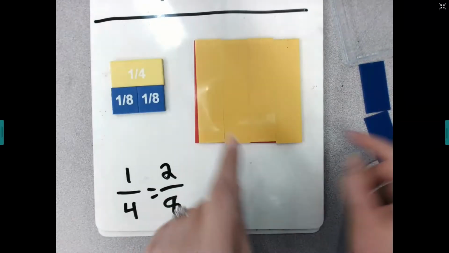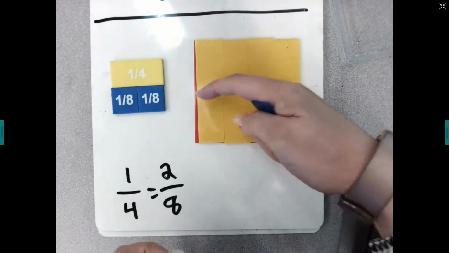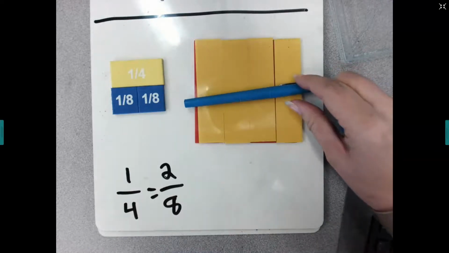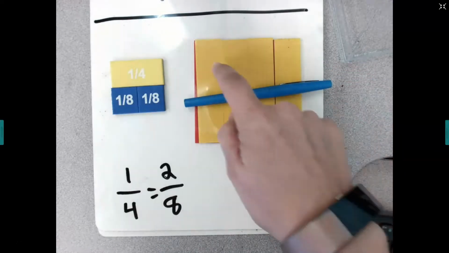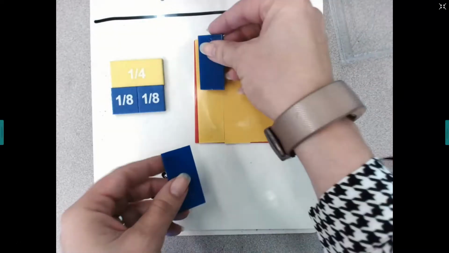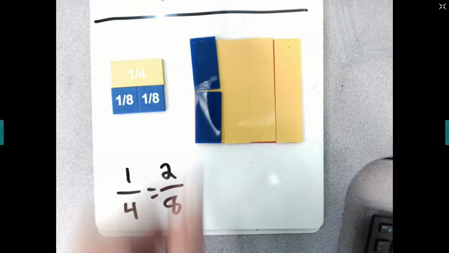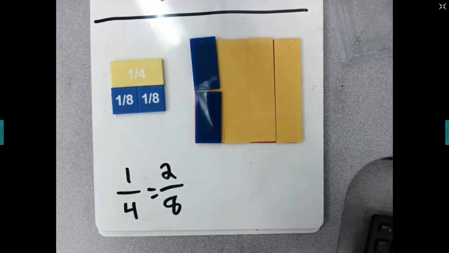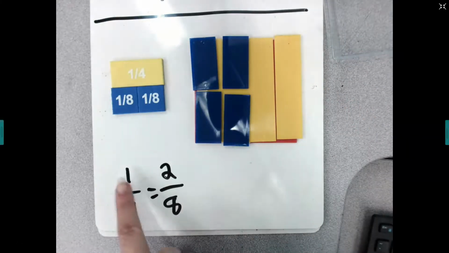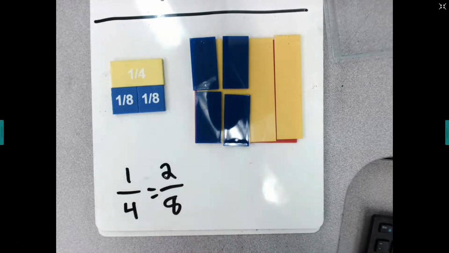So if we think back to these 4, if I split this model directly in half, just like this, then I would be making 8 pieces, 1, 2, 3, 4, 5, 6, 7, 8, because each time I split a 1/4, I'm making 2/8, okay? So that's why these are equivalent, okay? So I have 1/4 is equivalent to 2/8.